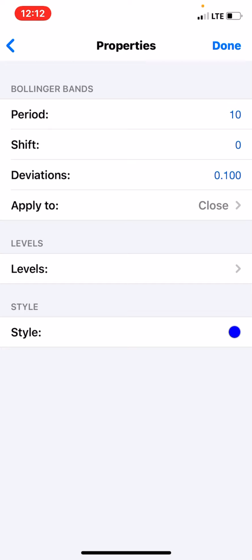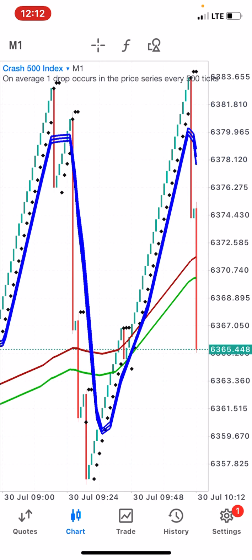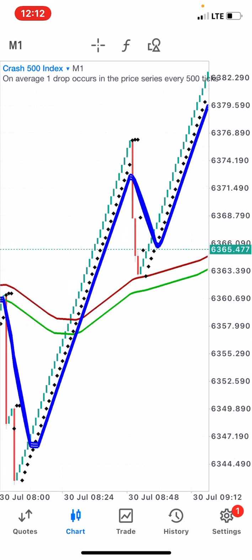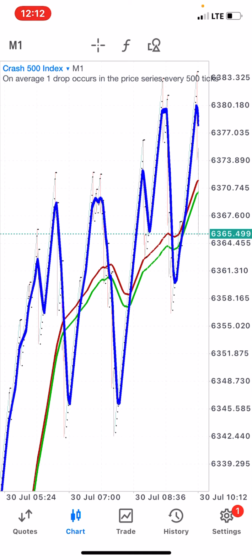And then the color, you can pick any color of your choice. I chose the color blue because I find it to be very visible, since we are going to need these Bollinger Bands. And then I'm going to click on done. As you can see right there, our Bollinger Bands are right on our screen, right?